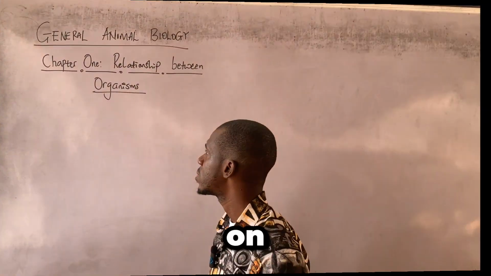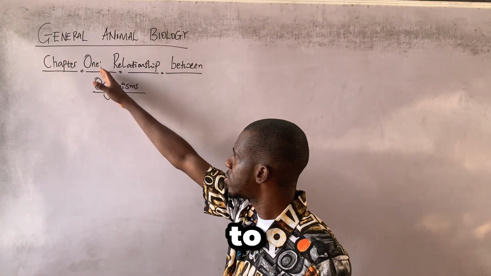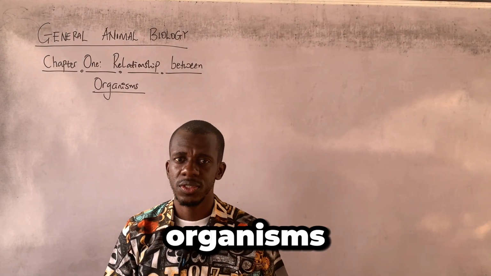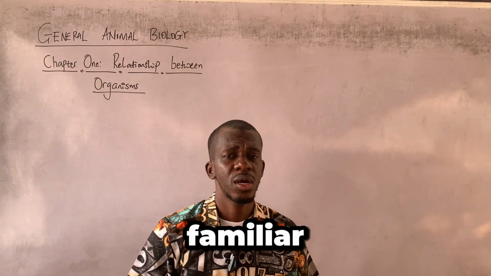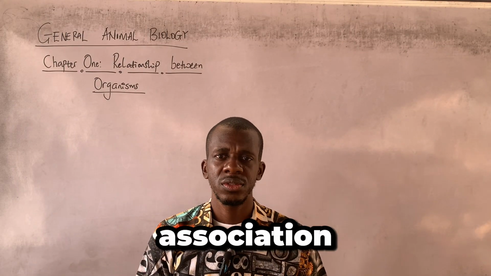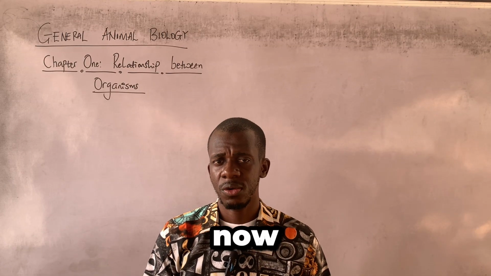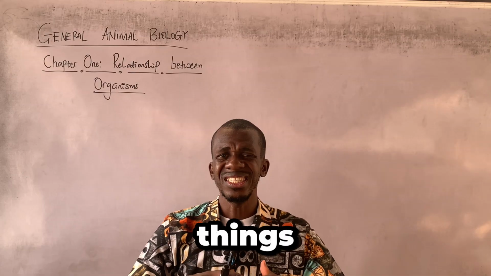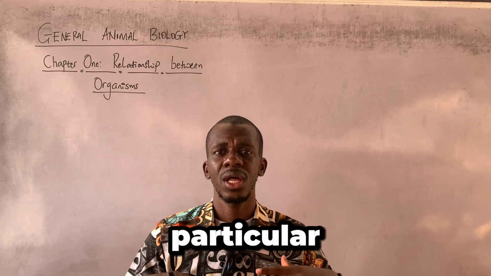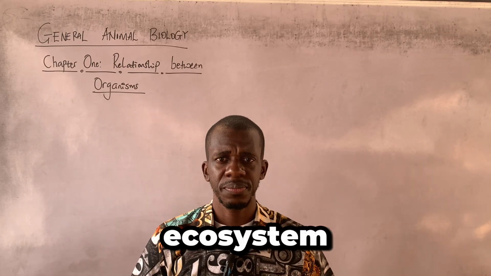Today I'll be speaking on general animal biology, which we call GAB, and I'm going to be speaking on chapter 1, the relationship between organisms. I believe we are all familiar with the word relationship. Relationship has to do with association: how living things, not non-living things per se, interact with one another in a particular environment or ecosystem.